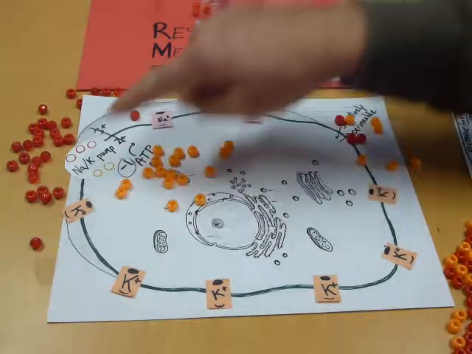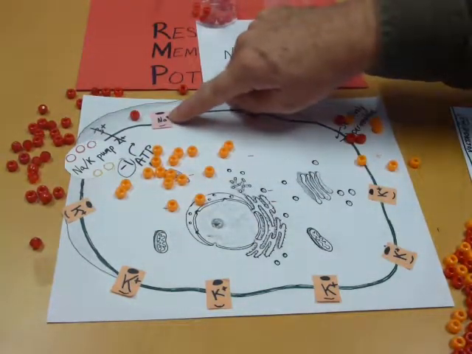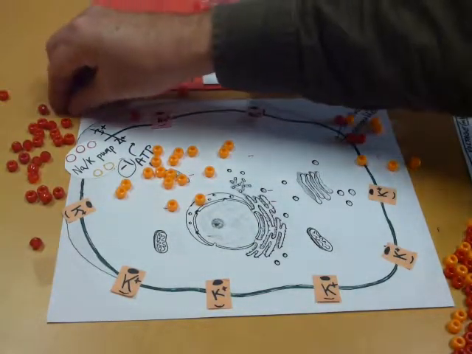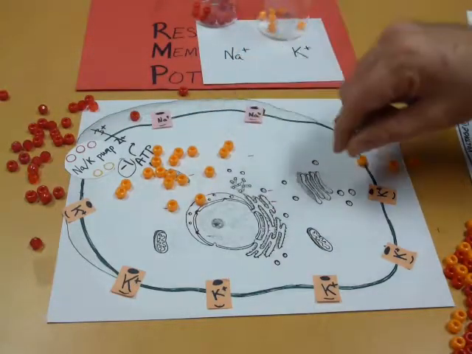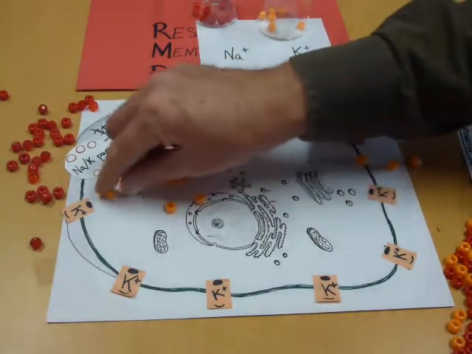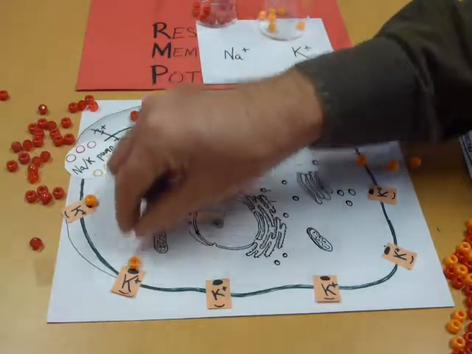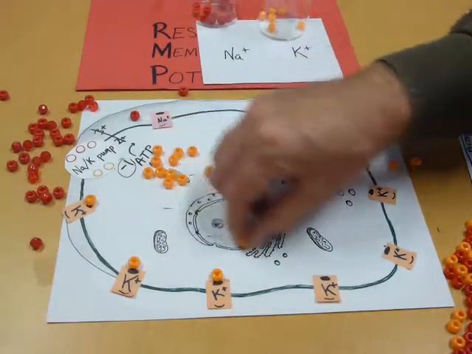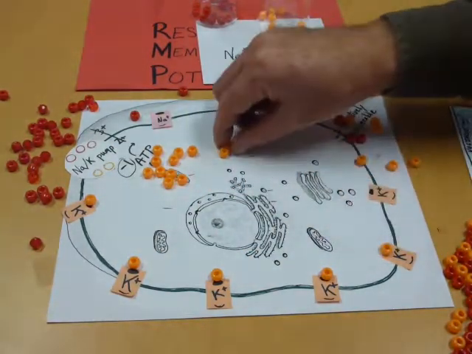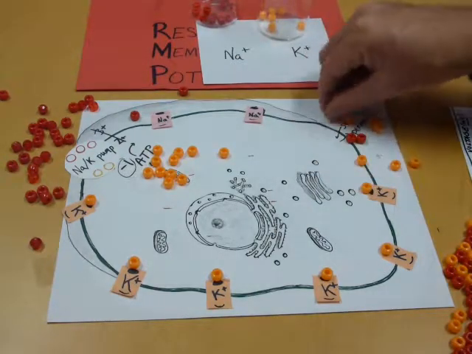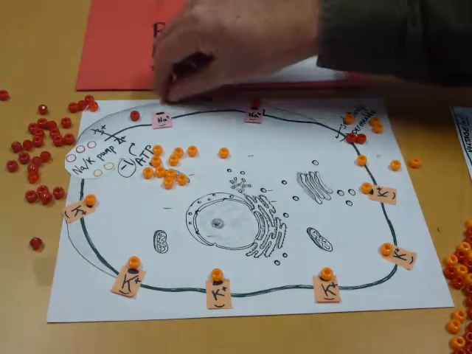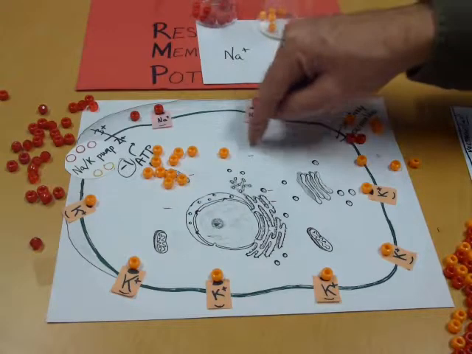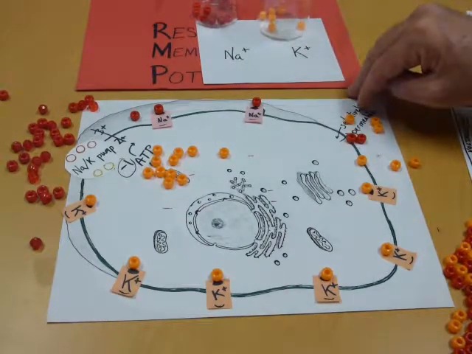There are more potassium leak channels than there are sodium leak channels in most cells. And let's just line them up, assuming that potassium is going to leave down its concentration gradient by facilitated diffusion with these channels facilitating, and sodium would want to diffuse in.